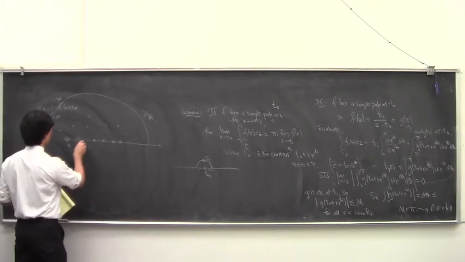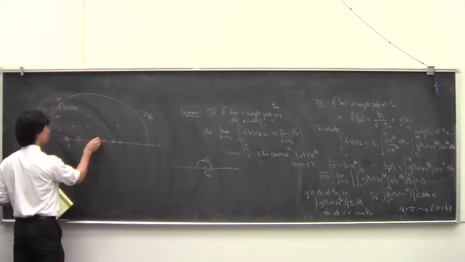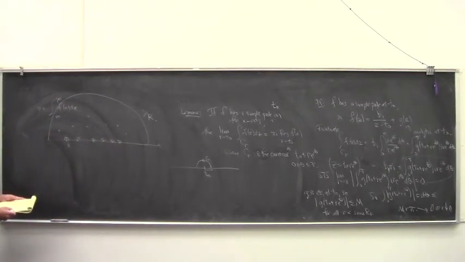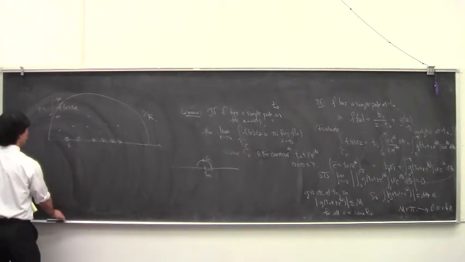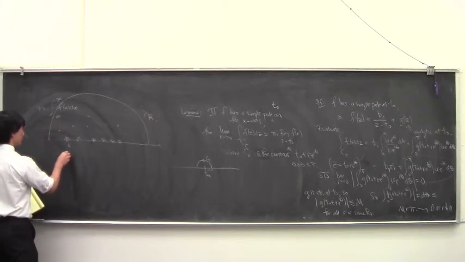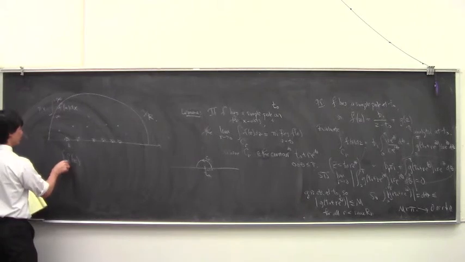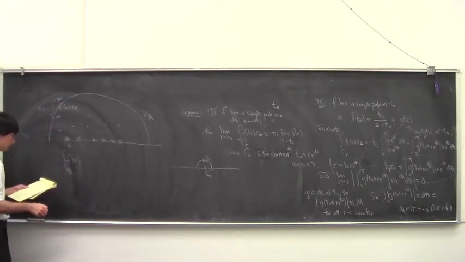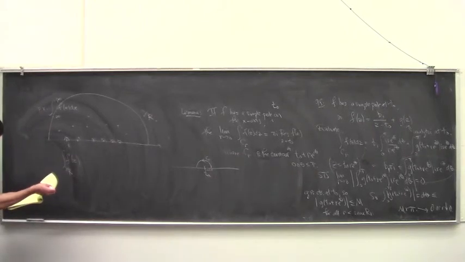Okay. So what does that give you? That gives you that the integral of f over gamma sub R, like this.